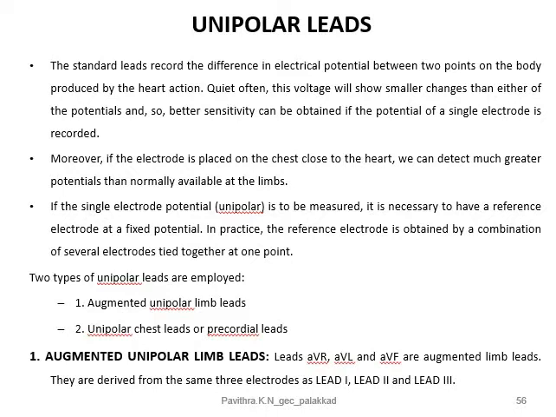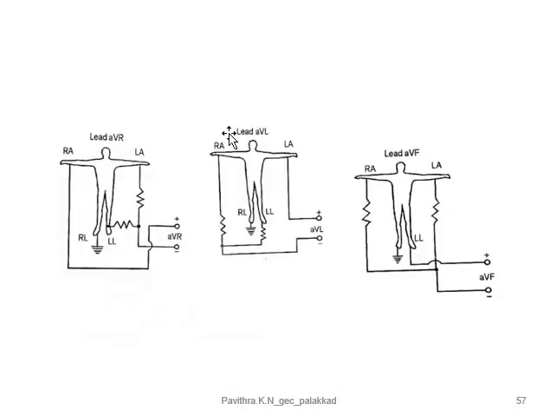First one, AVR, which is called augmented unipolar vector right, is given by the first figure. So here, as I have told, the reference electrode is taken by a combination of two or more electrodes. Two electrodes, one from the left arm and the other from the left leg, are joined and taken as the negative electrode.